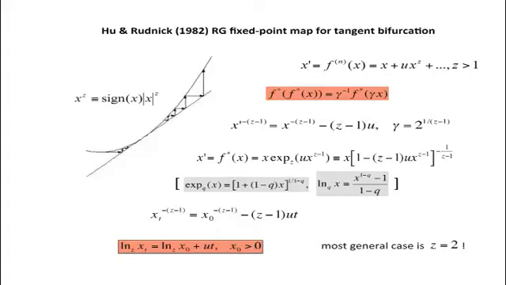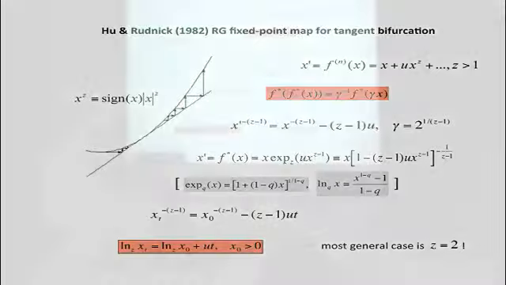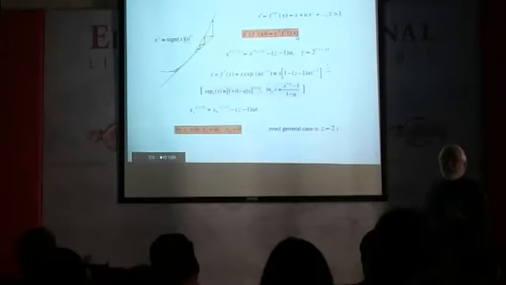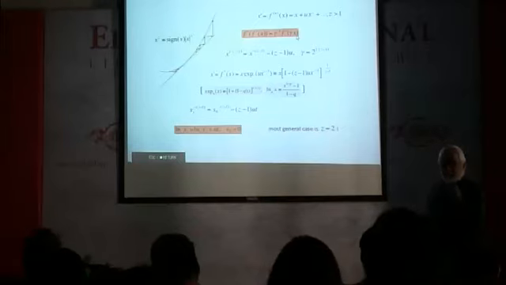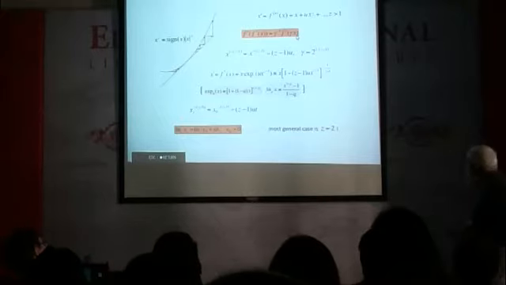So it is a clear-cut example of a renormalization group fixed point map that captures the soul of that nonlinear dynamical phenomenon.